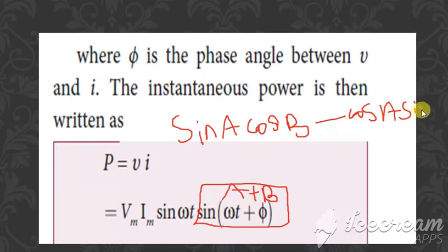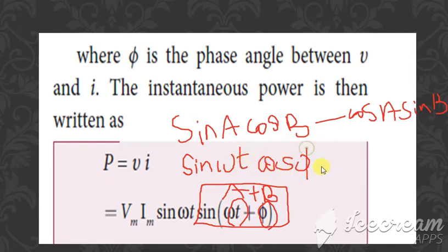Here, instead of A and B, we have the terms omega t and phi. So this becomes sin omega t cos phi plus cos omega t sin phi.